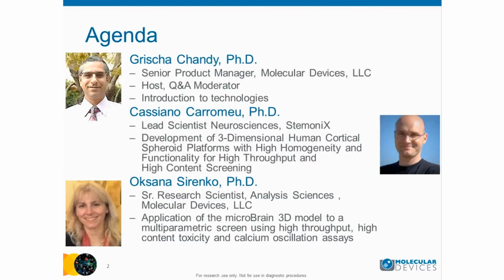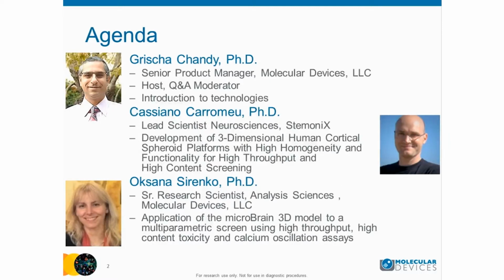I wanted to just do a quick review of the agenda. I will introduce the technologies used in the seminar today and host the Q&A session at the end. Our first speaker is Cassiano Caramiu, lead scientist at StemoniX, who's going to talk about the development of the 3D human cortical spheroid platform for high homogeneity and functionality for high throughput and high content screening.